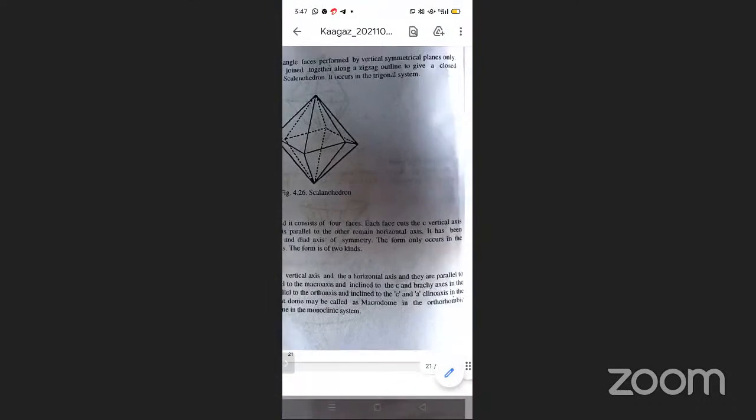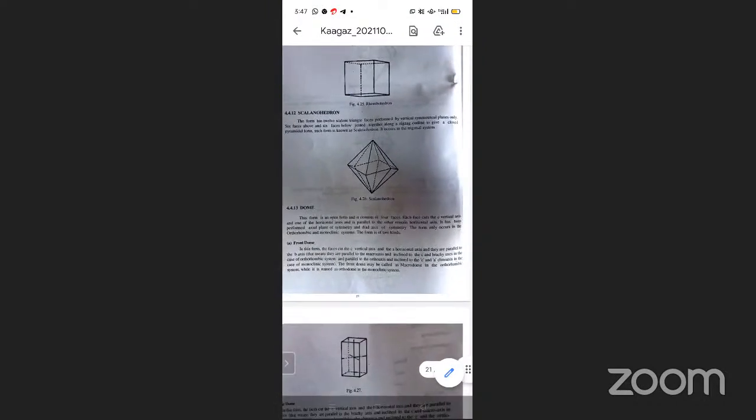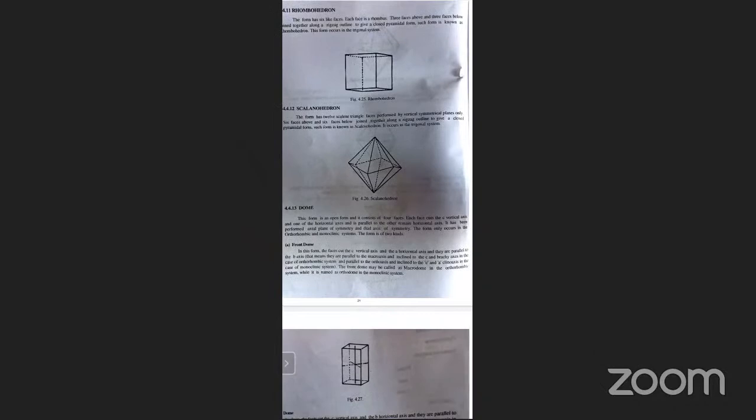Next one is the scalenohedron. In this scalenohedron, it has 12 scalene triangles. You see this scalene triangle. 6 faces are above and 6 faces are below.